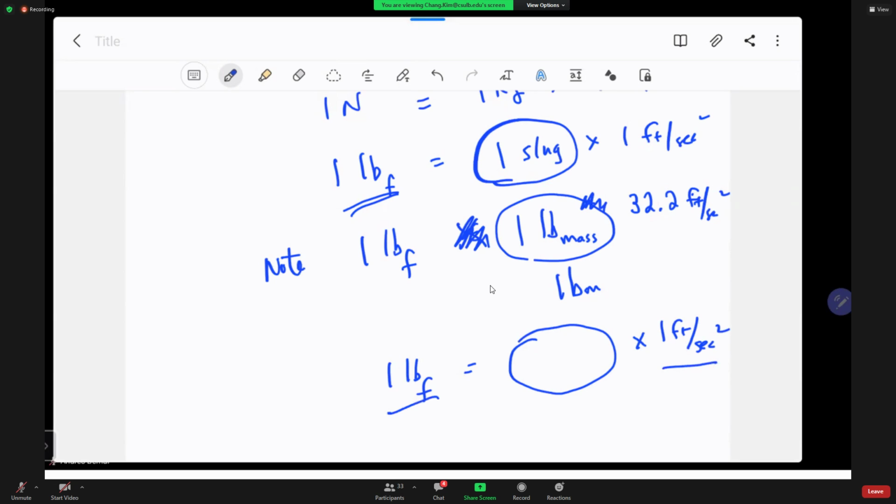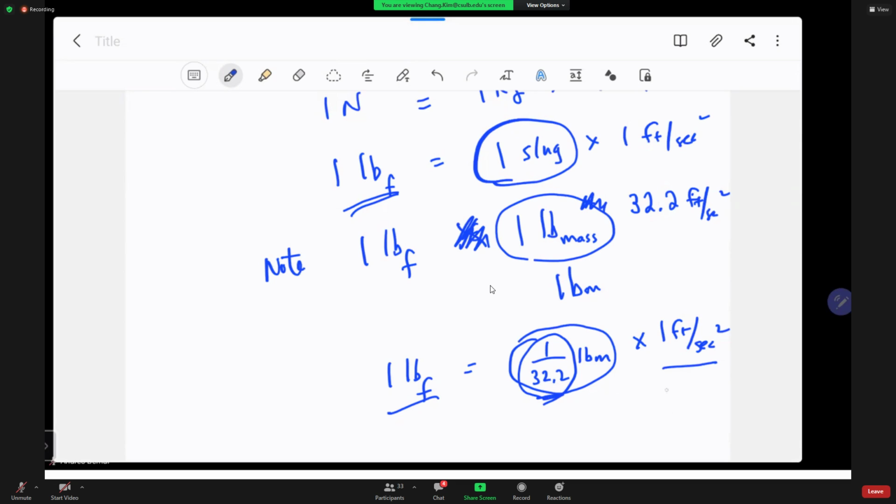But if it is pound mass, then you need 32.2 pound mass. This much has to be smaller pound mass.